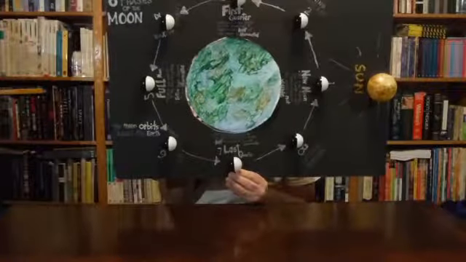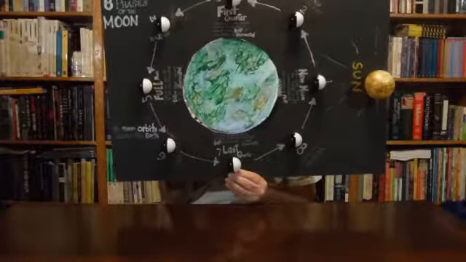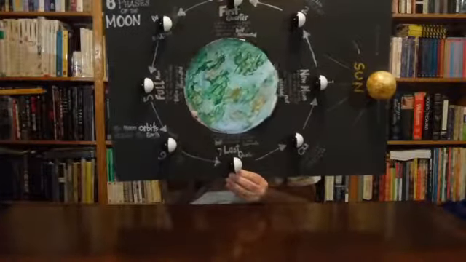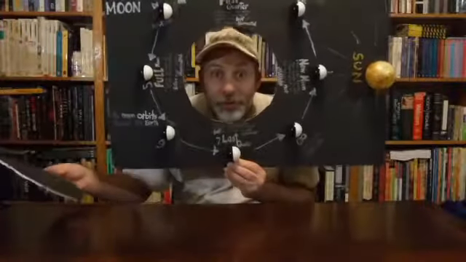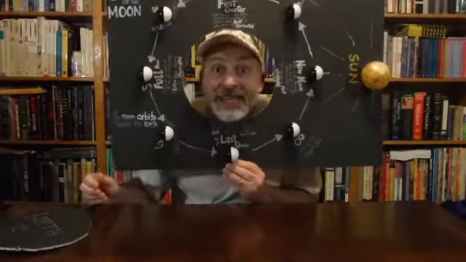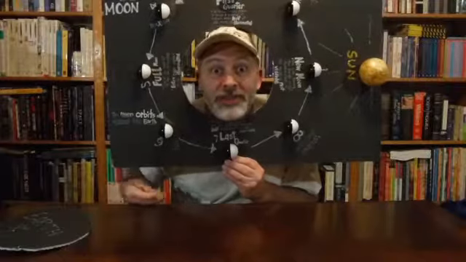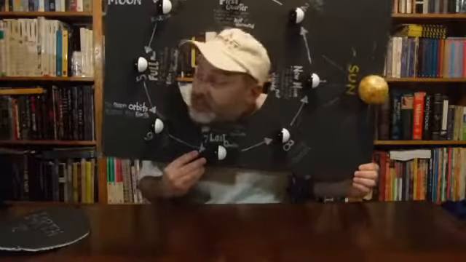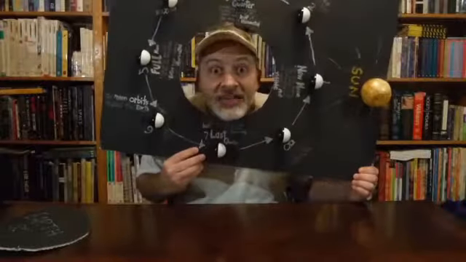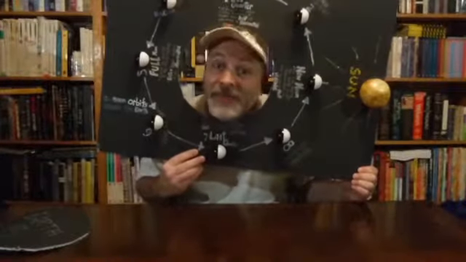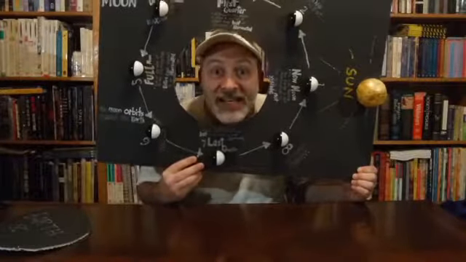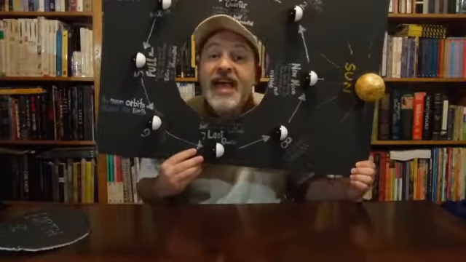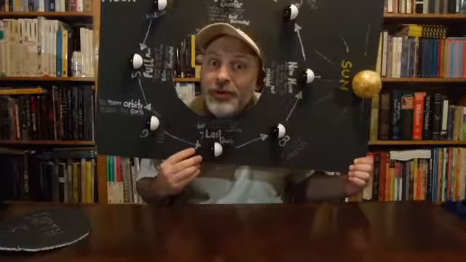This model here shows how we see the different phases of the moon. If we were to put our face in the place of where the Earth is, and we look around at the different positions of the moon as it travels around us, this gives us an idea of how we see the different phases of the moon.